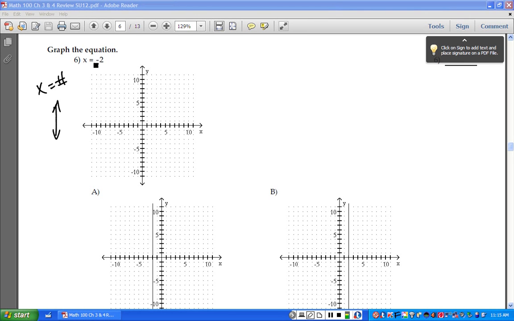So in this case, if x is negative 2, I go to negative 1, negative 2 on the x, that is negative 2, and then I just make a vertical line through there. So in this case, it's A. Vertical line, x is negative 2.